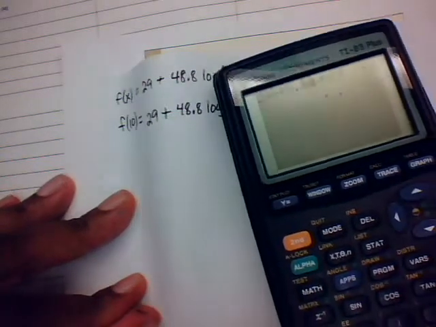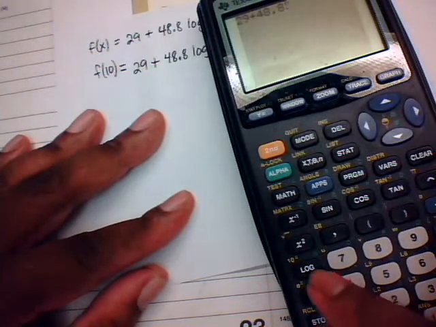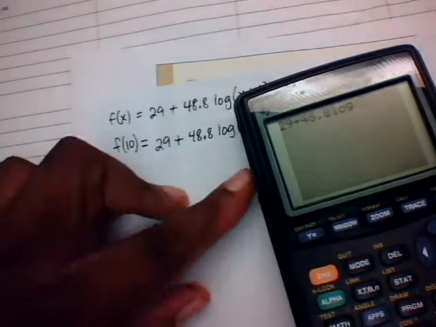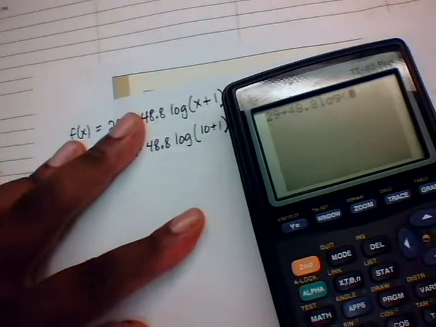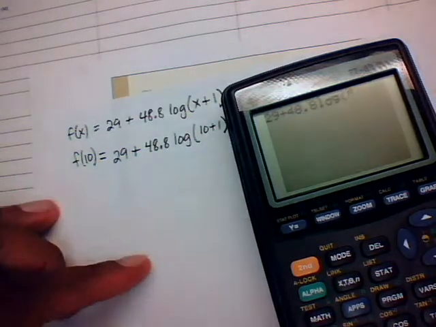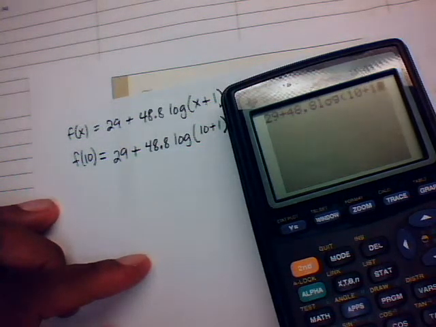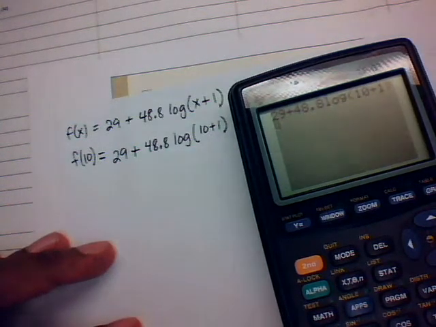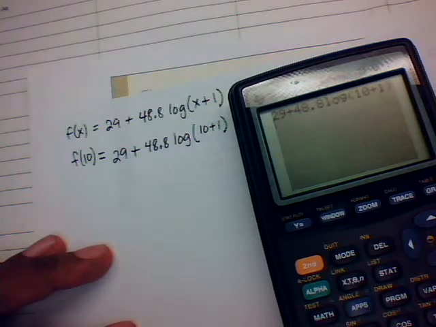Now there is a log key, which is right here. We'll press that button for log, and then we can type in 10 plus 1, and then close the parentheses. And then from that, we can go ahead and press enter.